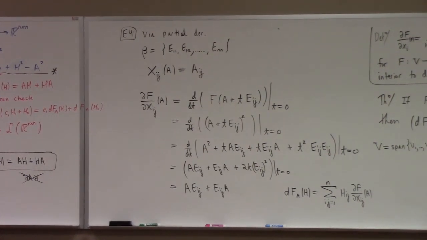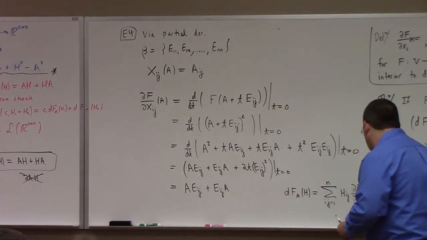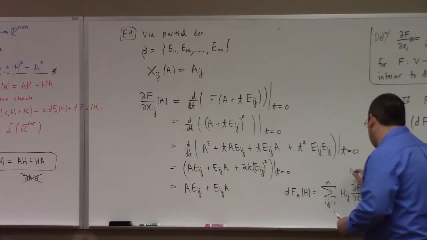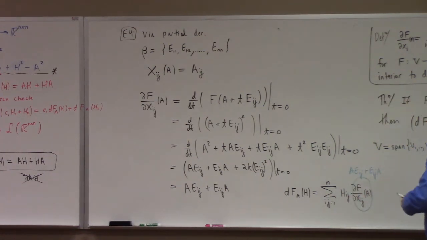And so this is A Eij plus Eij A, and see what happens is we get the sum of hij.